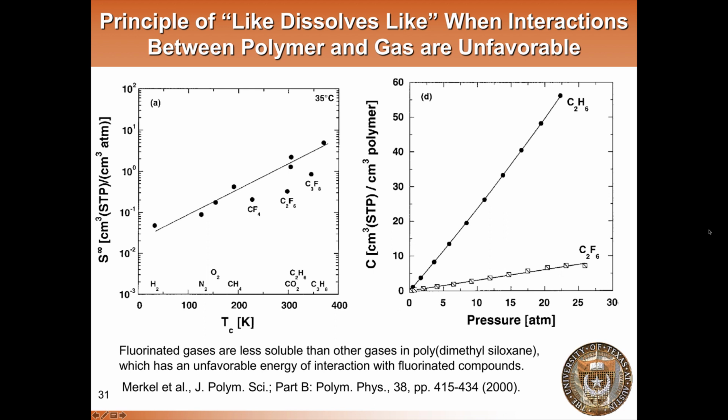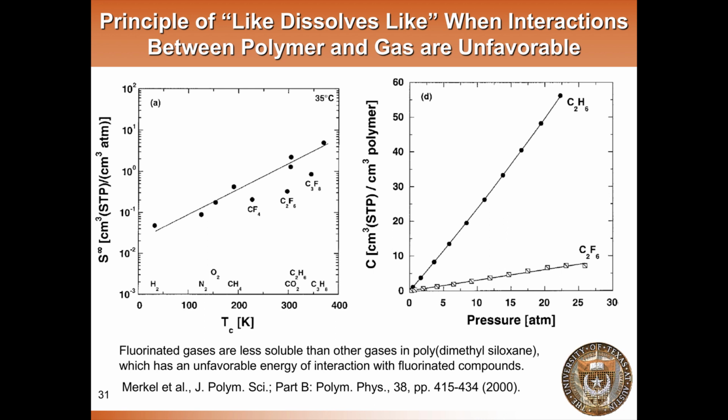And that provides a basis for restricting the solubility of hydrocarbons in fluorinated polymers. And this has been proposed by some as a way to improve the performance of membranes for hydrocarbon separations, like separating ethylene from ethane or propylene from propane, because those gases will dissolve to a very limited extent in fluorinated polymers as opposed to hydrocarbon-based polymers.